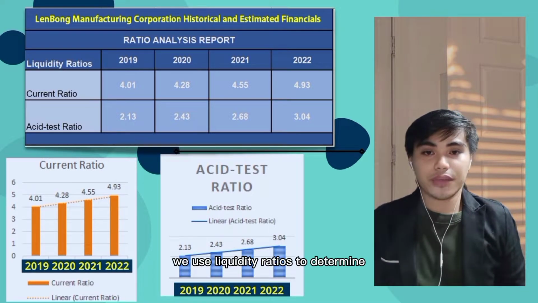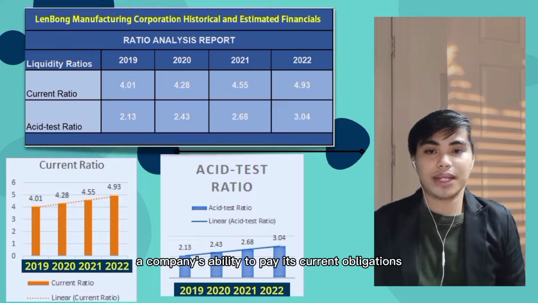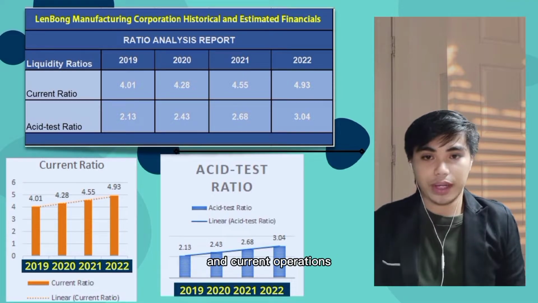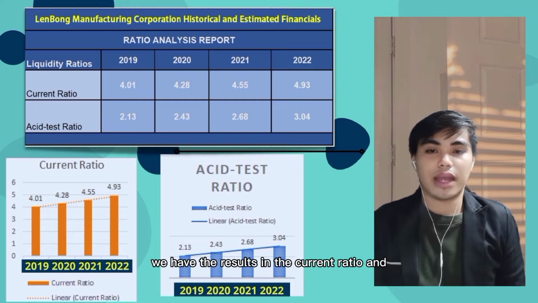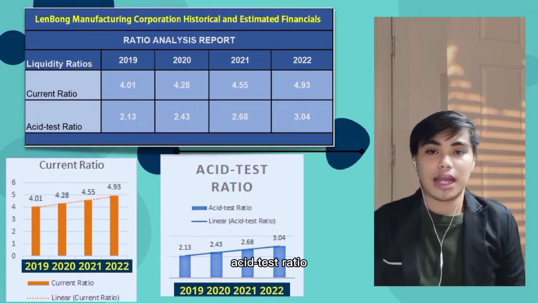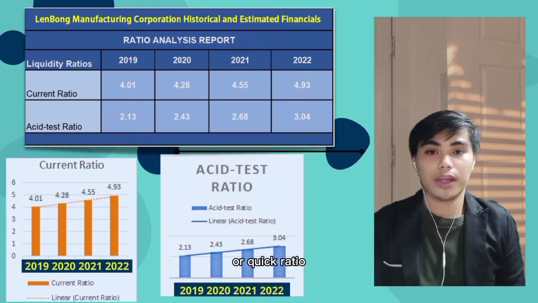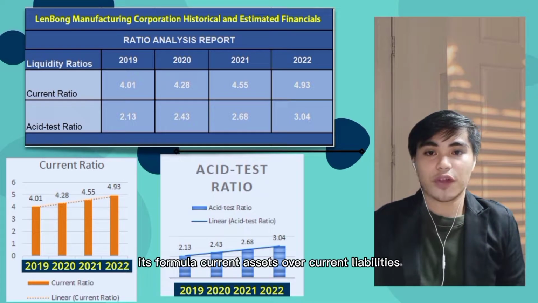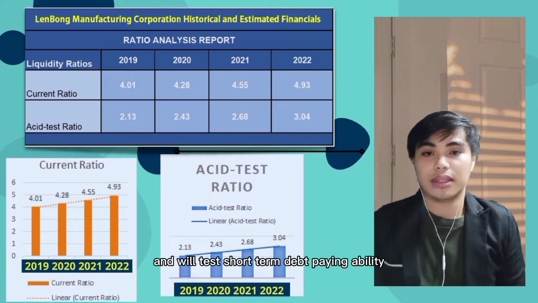We use liquidity ratios to determine a company's ability to pay its current obligations and current operations. We have the results in the current ratio and acid test ratio or quick ratio. The current ratio's formula is current assets over current liabilities, and it tests short-term debt paying ability.